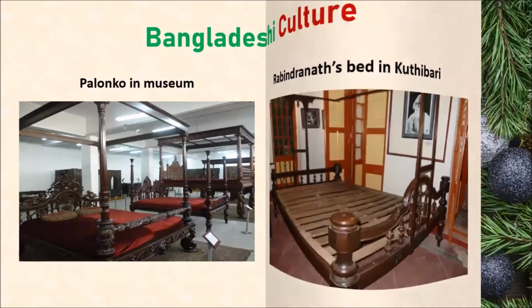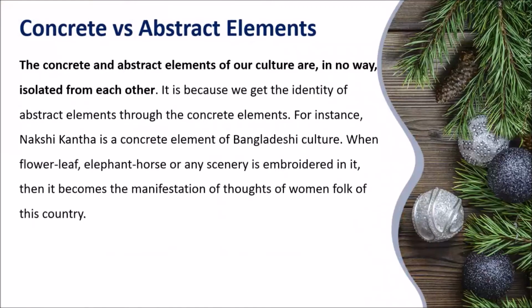Now then, the concrete and abstract elements of our culture are in no way isolated from each other. That means you cannot isolate or differentiate the concrete and abstract elements of our culture. It is because we get the identity of abstract elements through the concrete elements.